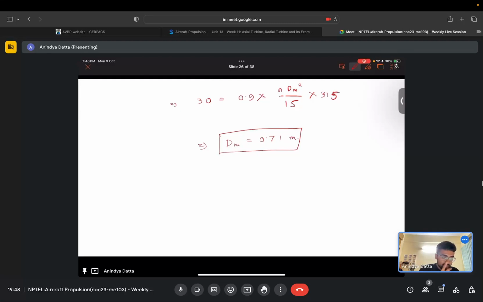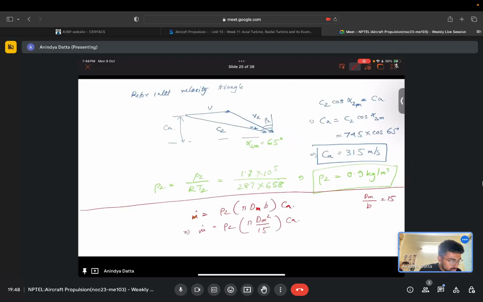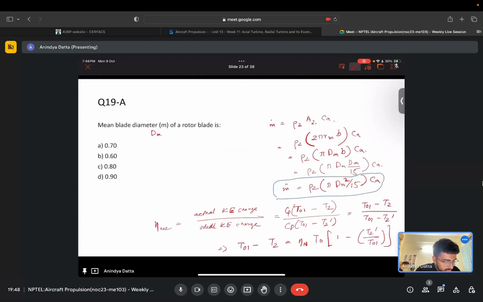So we go down to the options. Option A is the correct answer. Is the process clear? We are finding it using the mass flow rate expression.